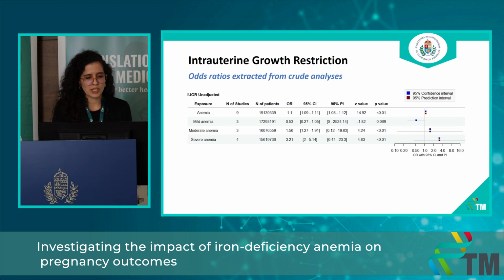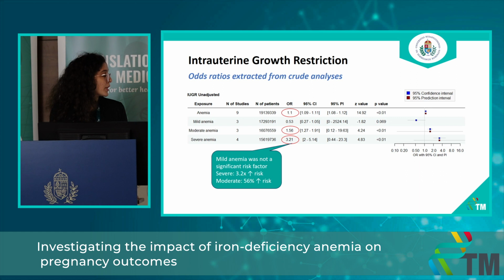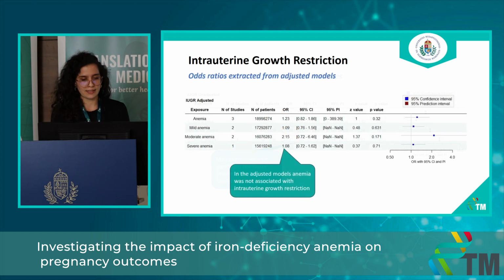In intrauterine growth restriction, we found anemia to be associated, accounting for mild, moderate, and severe, with a 10% higher chance. Moderate and severe anemia were also found to be a higher risk for pregnant patients: severe 3.2 times higher risk and moderate 56%.